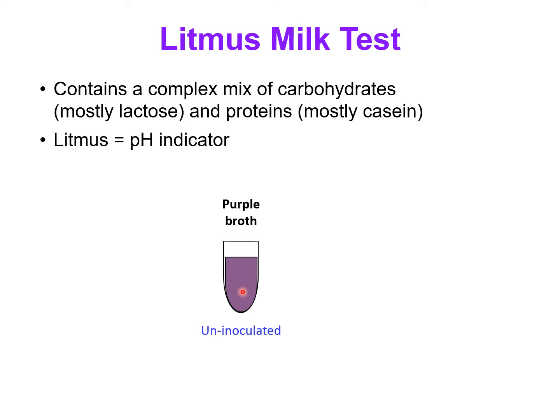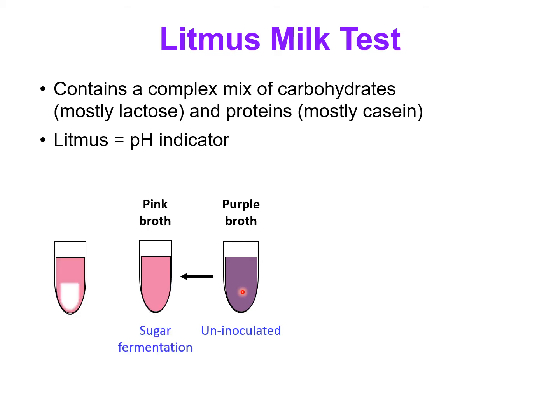Now, what are some results that you would get? Well, one of the results that you would get is the broth goes from that purplish color to that pink color. Okay, now if your broth turns pink, what does that mean? Well, it means that your bacteria was actually capable of fermenting the sugar.